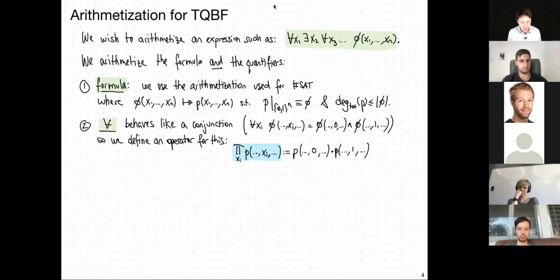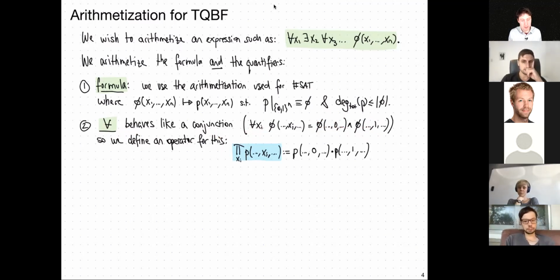As for the operators, the for all quantifier behaves like a conjunction. Whenever we say for all xi, it's the same thing as saying, give me the formula with xi being 0 and the formula with xi being 1, and I want to consider the conjunction of these two because I want both of them to be true.